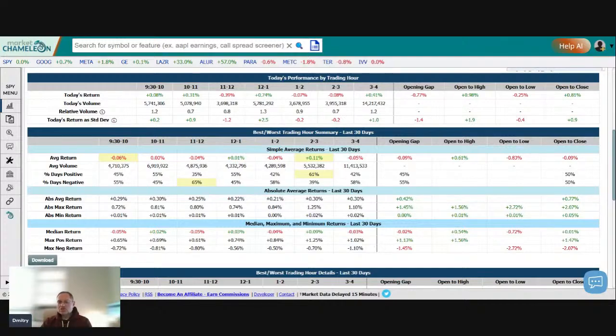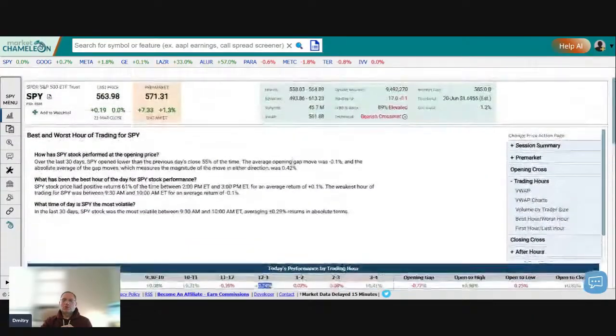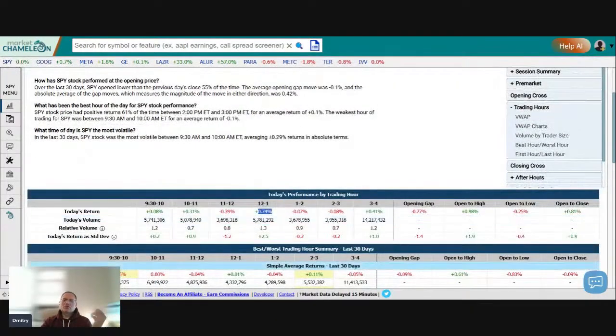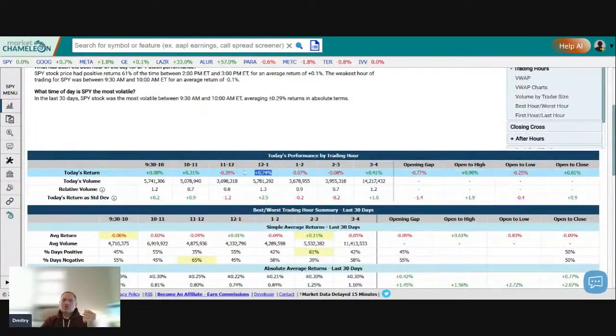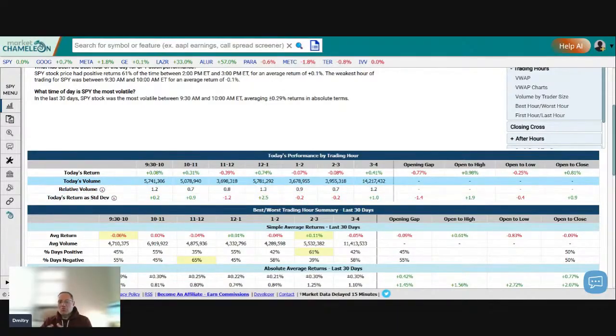Now we could also use this SPY to compare it to, if we wanted to look at another stock, let's say Meta or Google, and then we could compare if Google or Meta, whatever stock, outperformed or underperformed the benchmark index, let's say SPY, for each of those sessions, each of those hours, if something stands out.